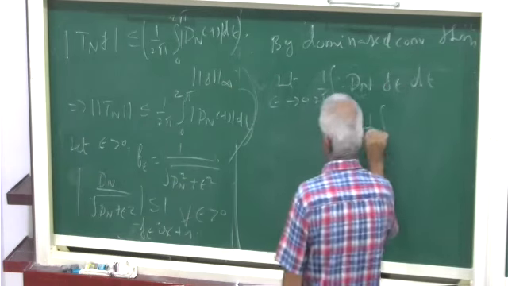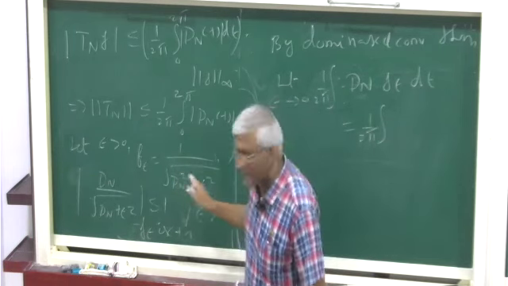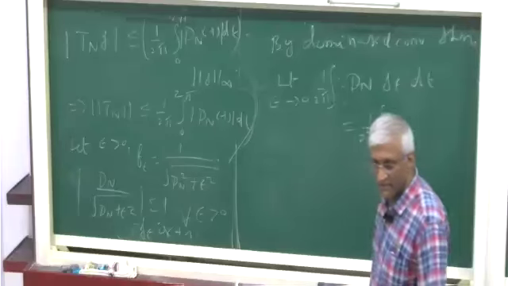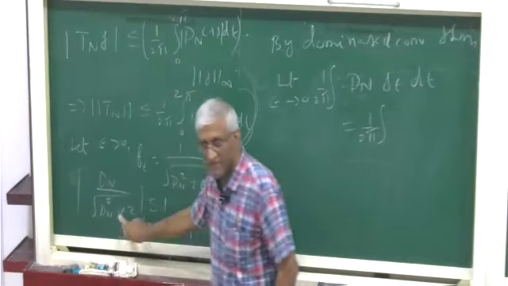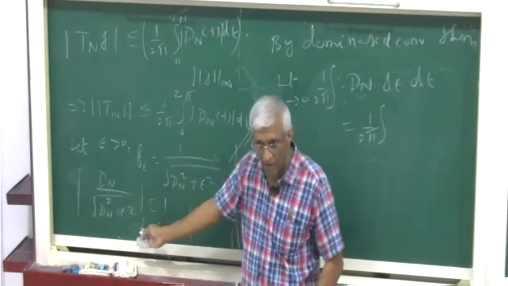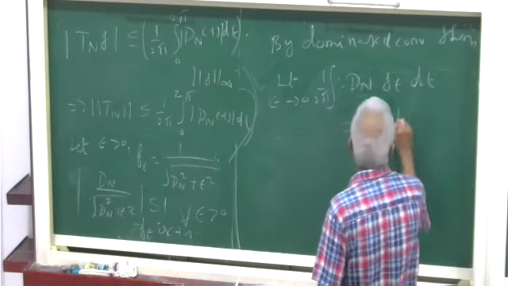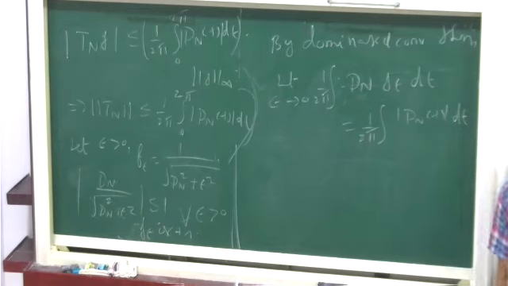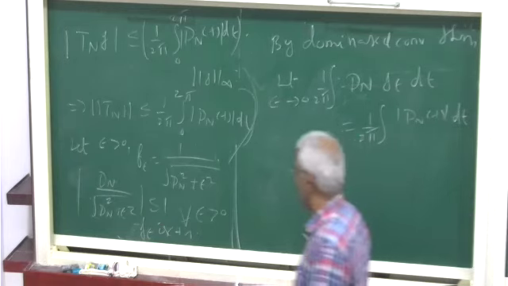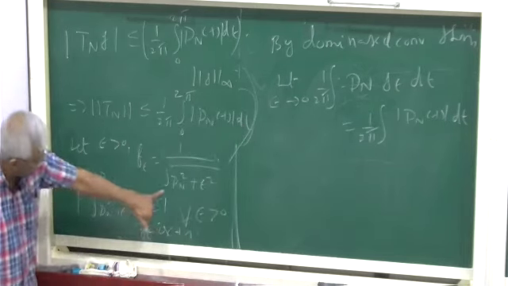1 by 2 pi. Epsilon equal to 0, this will become the square root of Tn square. It should take to mod Tn. This will converge to mod Tn, right? Mod f epsilon is also less than 1.